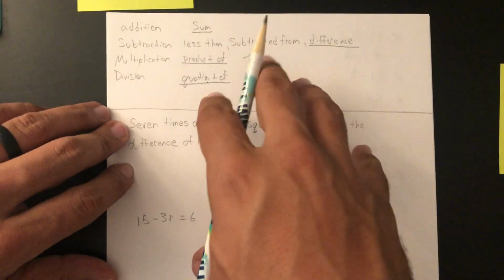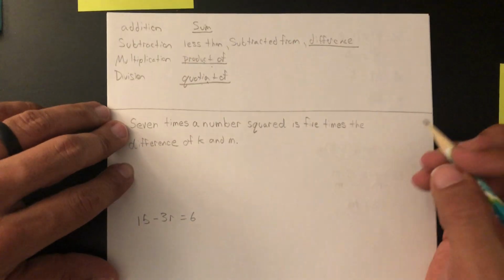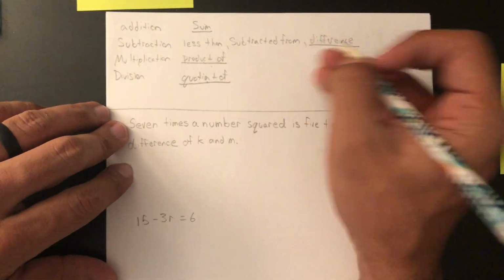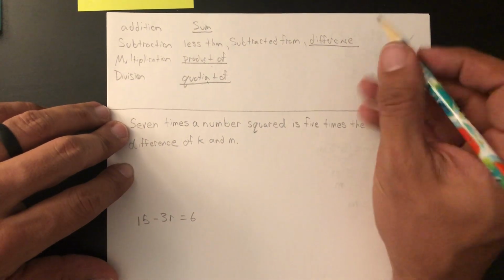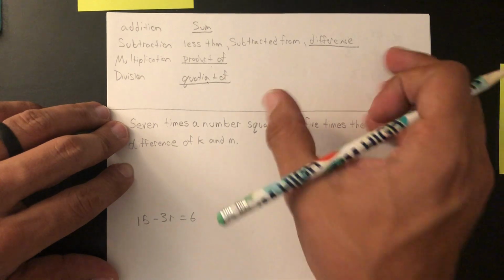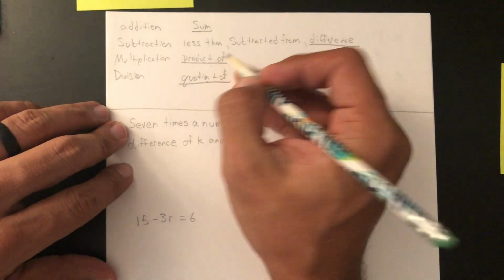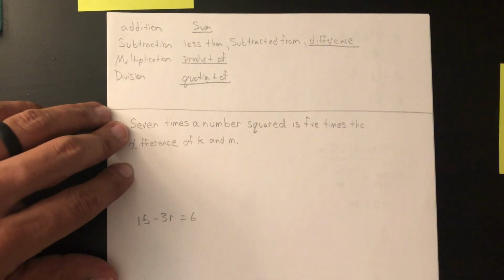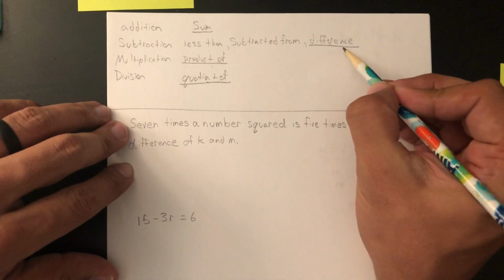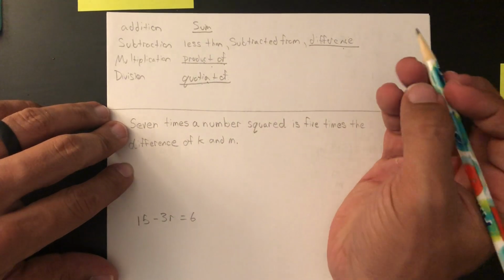So if there is something else happening, these end up in parentheses because they're important. They're like the sum of these two times 7. That means you have the result of the sum multiplied by 7. So after you add them, they multiply by 7. Same thing with difference, same thing with product, same thing with quotient. It means the result of a subtraction, result of a multiplication, result of a division.